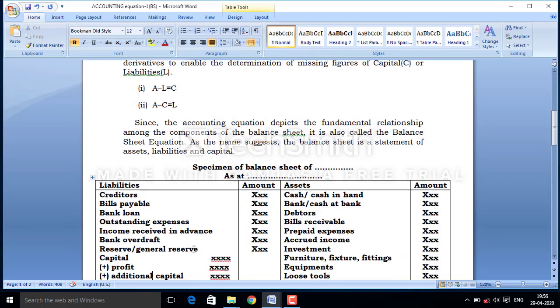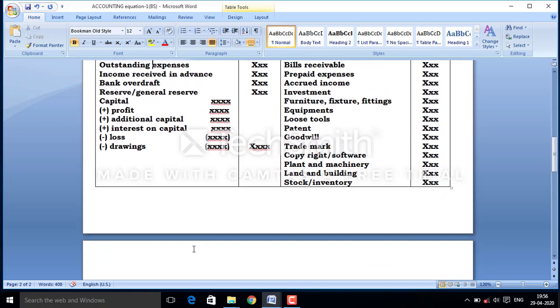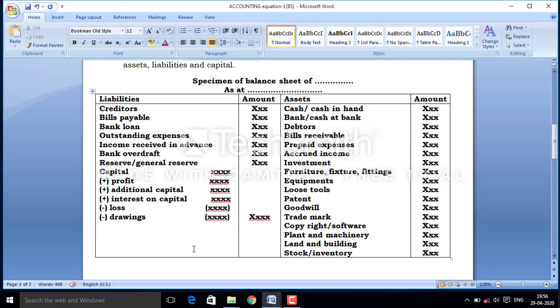And now you can see that a chart is given over here. In this chart, under the specimen of balance sheet, in the liability side, you can see creditor.